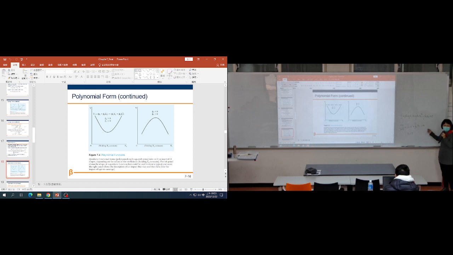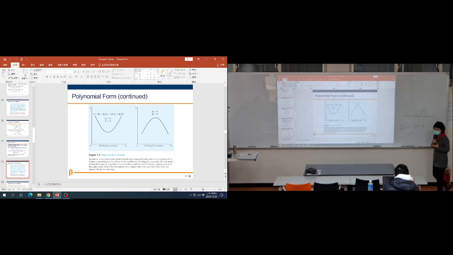So the polynomial form is also pretty useful. Therefore, a polynomial form is also an alternative functional form. In regression analysis, although it is not linear in the variables, it is really linear in the coefficients.